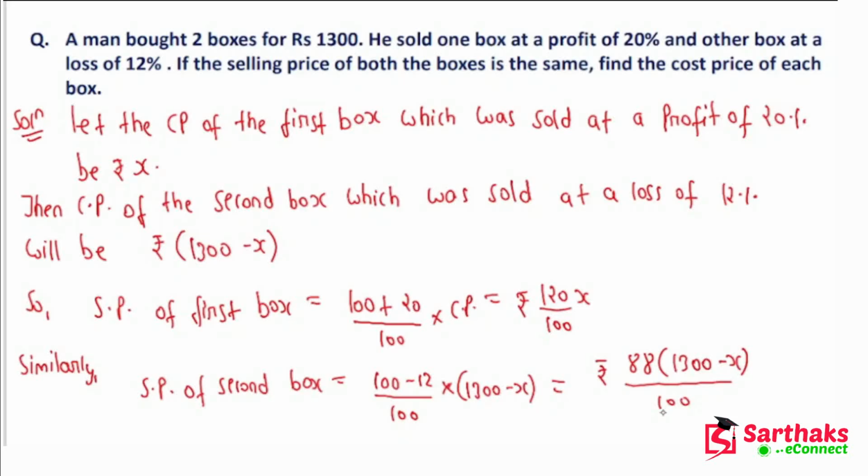Okay, so you can clearly see that after calculating the selling price on the inputs which are given, according to the question, the selling price was same. Now the question says that they are same, so we will equate them and find the value of x.